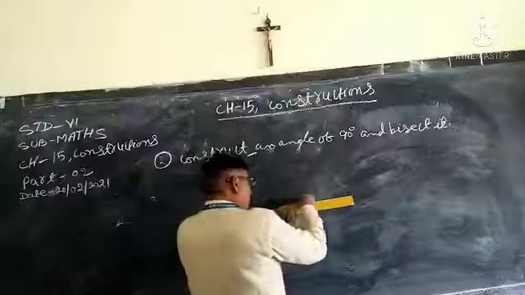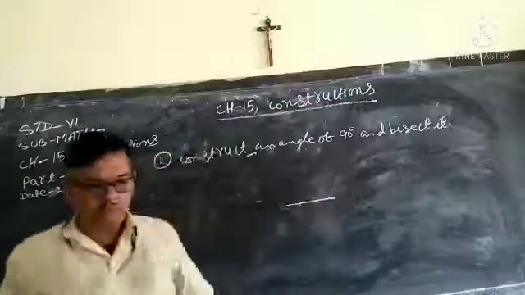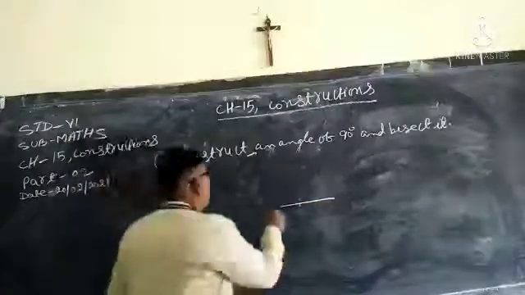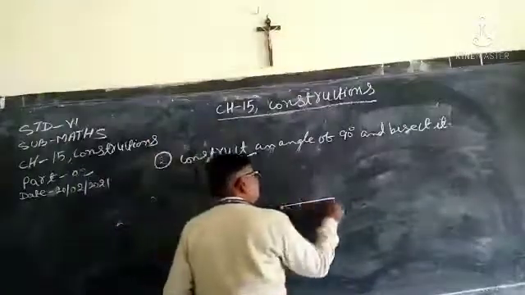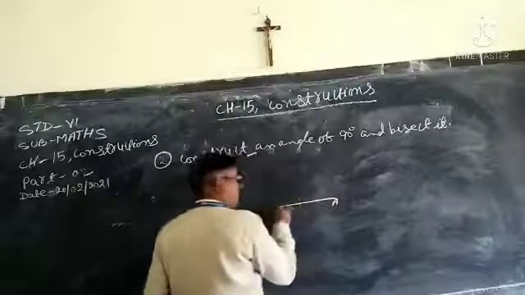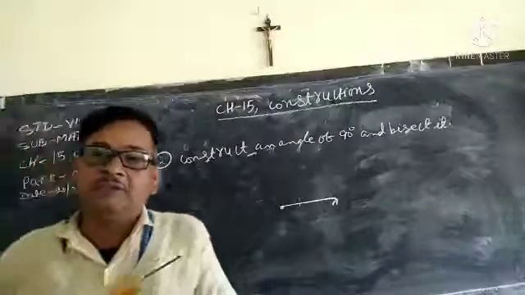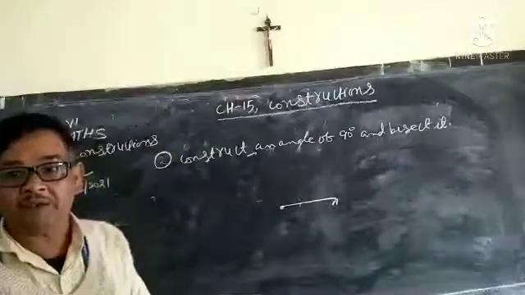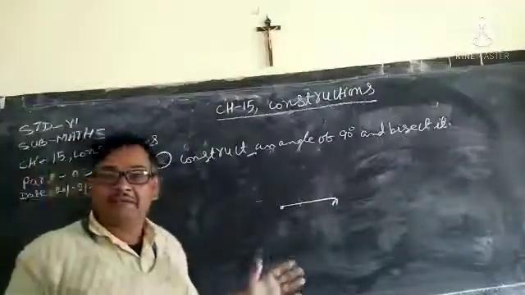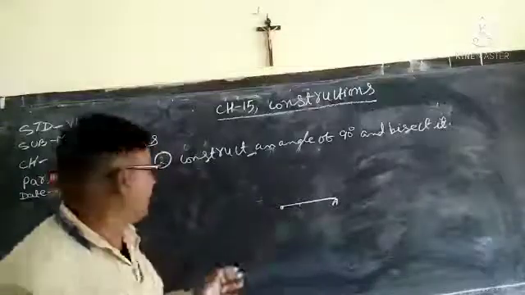The length is not fixed. Here write O and A again. Any name you can write, X, A, B, C, D, any alphabet, as you have studied in literal algebra.